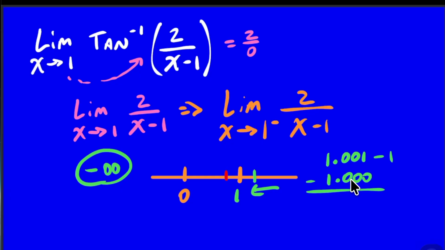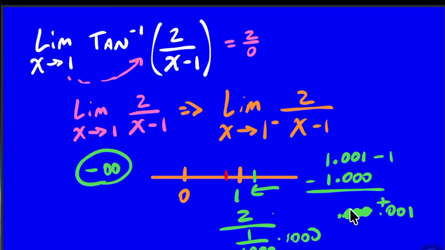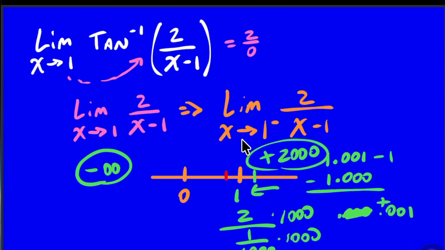When we do big minus small, we get 0.001, but that's positive, 0.001 positive. So now when we have 2 over 0.001, that's 2 over 1,000th. And now when we multiply top and bottom by 1,000, we're going to get a big positive number, positive 2,000. So if you don't know how to do the graph, that's how you approach this.